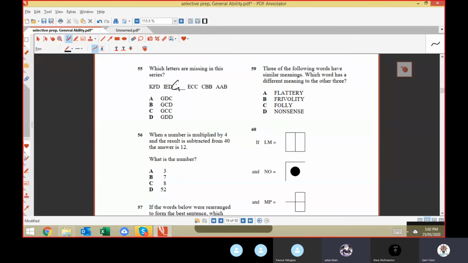And then the second letter is going A, B, C, D, E, F. See how I'm doing it backwards? Because I feel like it's easier to go backwards than it is to go down.